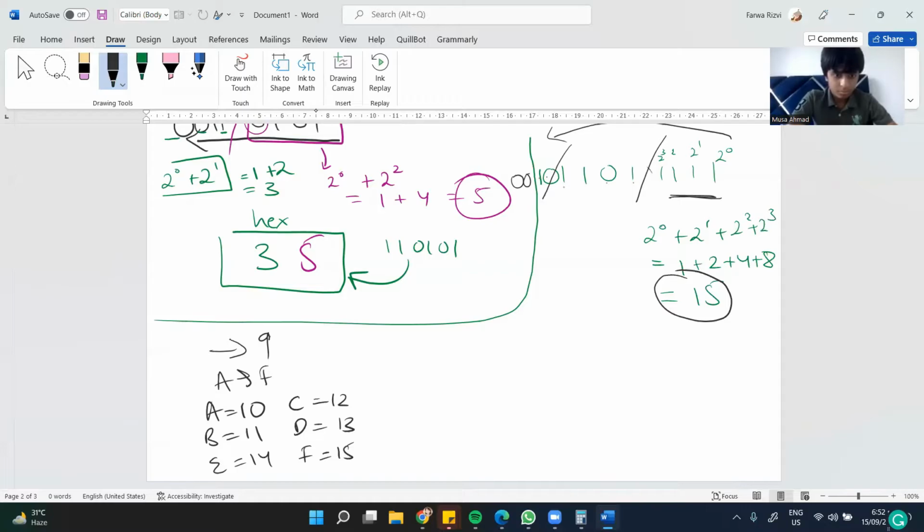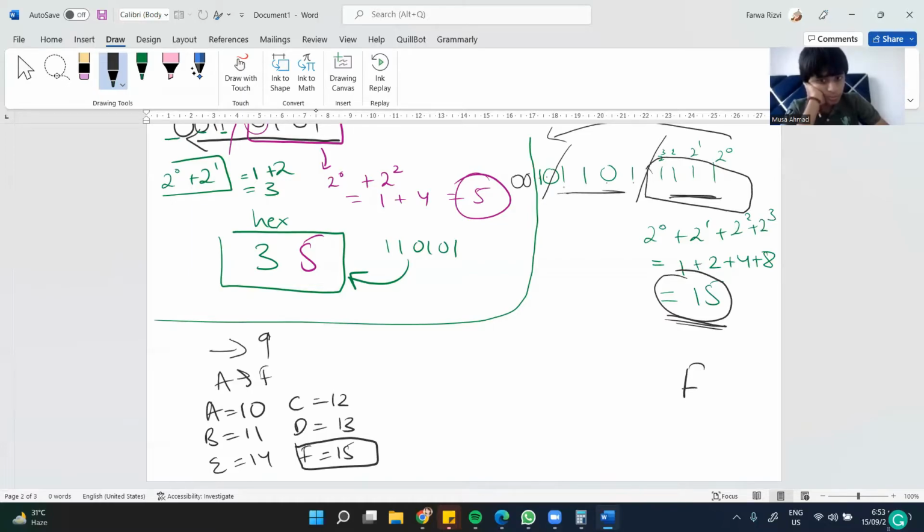Now this 1111 is the maximum number you could have in your hexadecimal values, because this is the maximum number of ones you can have in a possible group of 4. So here I have 15, which is represented by F in hexadecimal. So therefore, I'll write F here.